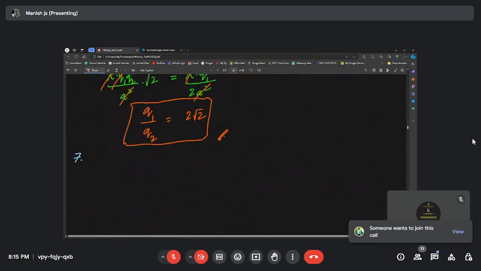Okay, moving on. Acceleration due to gravity is g on the surface of the earth.